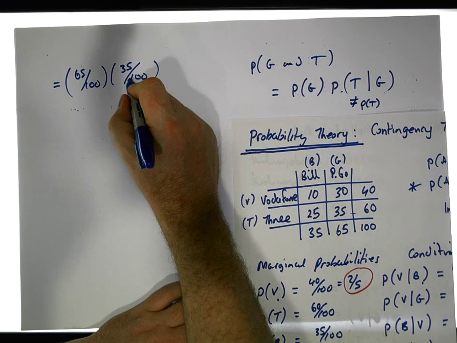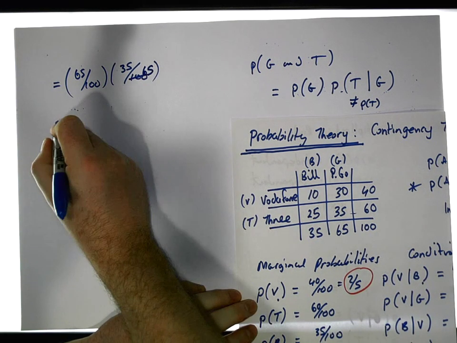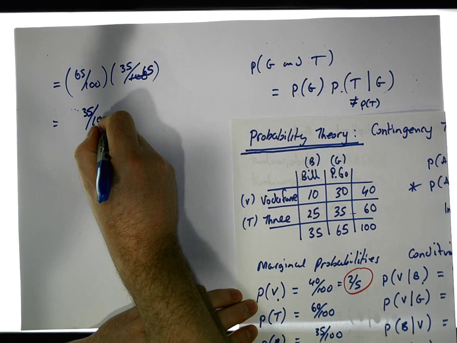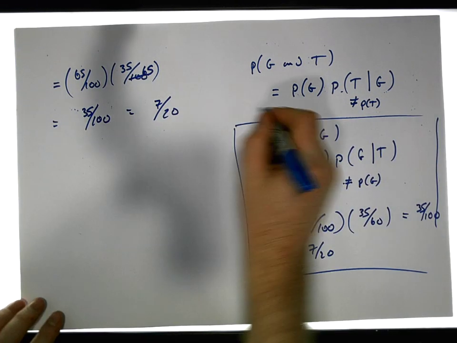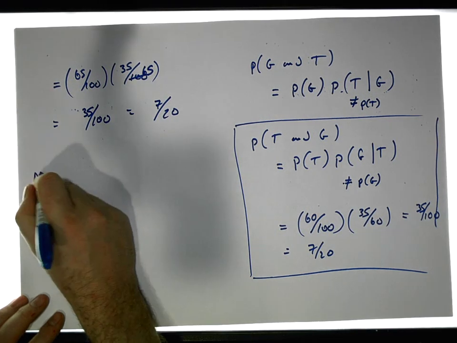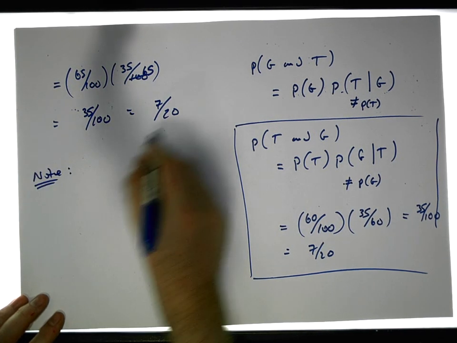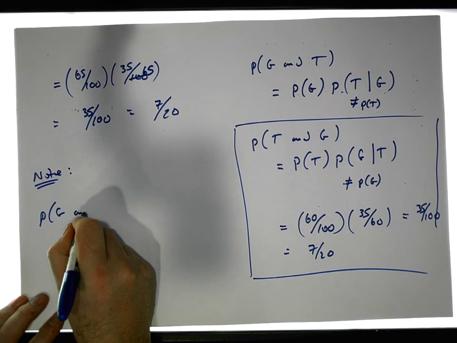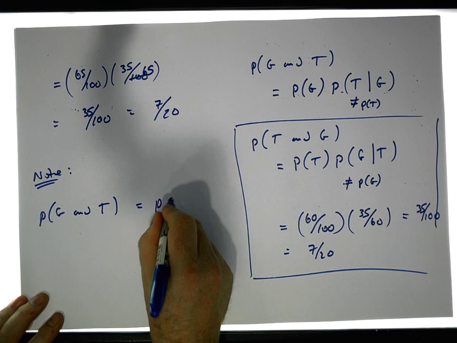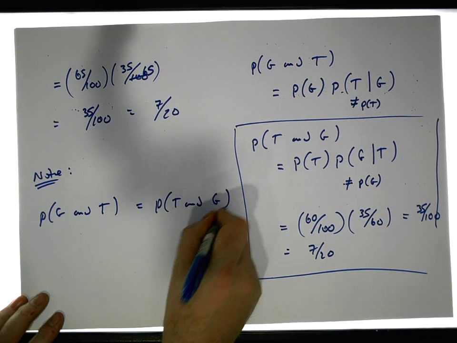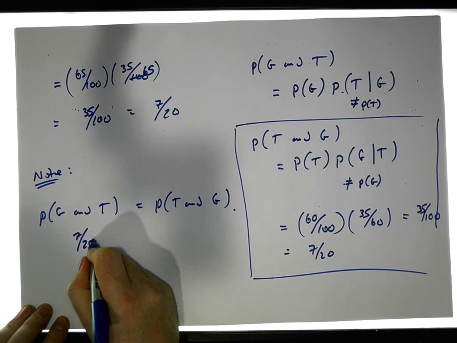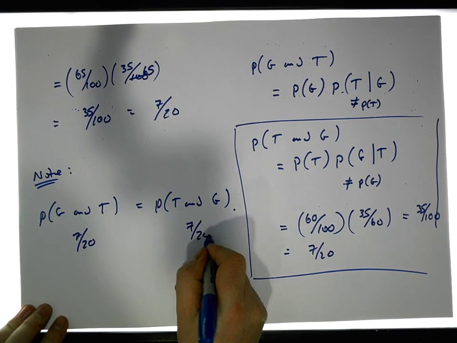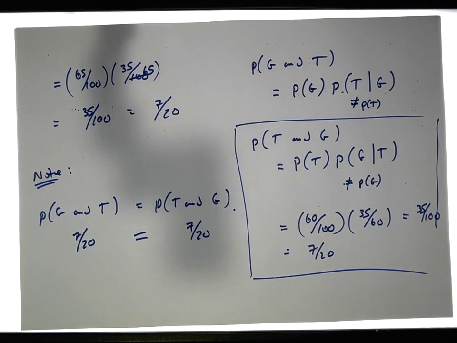So that should be 65 here, which now gives us 35 chances out of 100, which is 7 out of 20. So you can actually see here that it doesn't matter which way we do it. The probability that they're G and T is the same as the probability that they're T and G. There's no difference between them, because this is 7 out of 20 and this is also 7 out of 20 here.